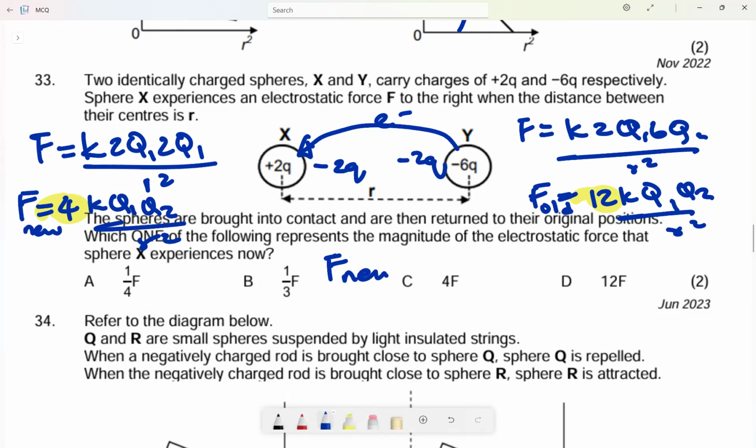So we want to know the new one. What is the ratio between the new and the old? Force of the old is equal to 3 times force of the new. Why? Because 12 divided by 4 is 3 times again. So now force old is 3 times force of the new.